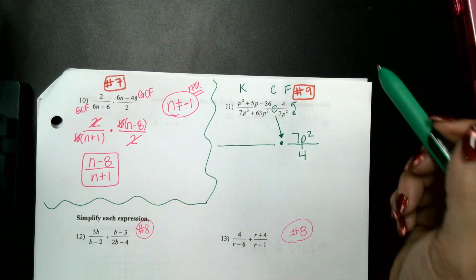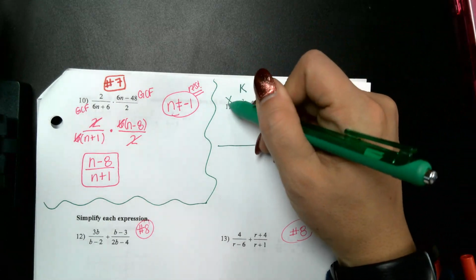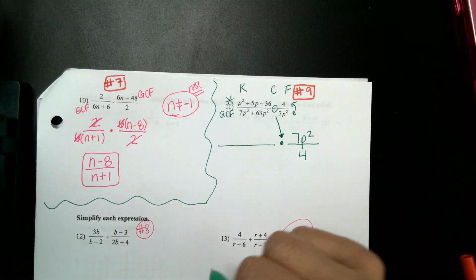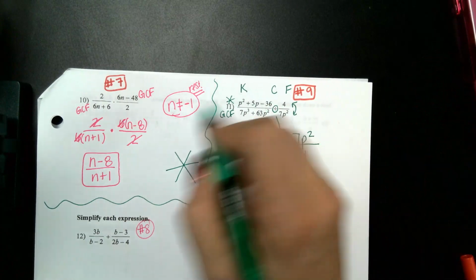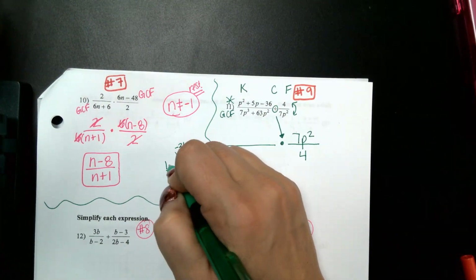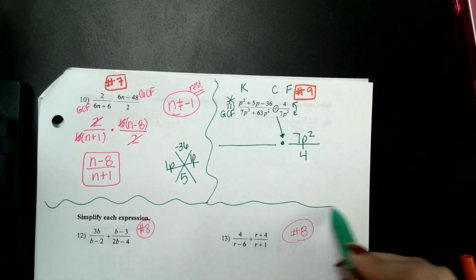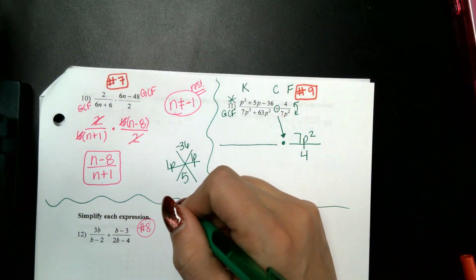For us right now, all the work is going to happen over here on the left side. So the top, that's an asterisk. The bottom is GCF. I'm going to just draw my asterisk over here so I'm not wasting space. There'd be a negative 36 and a positive 5. Let's see, 9 and 4.